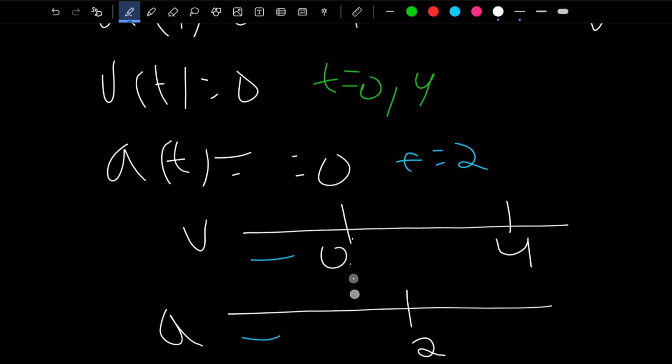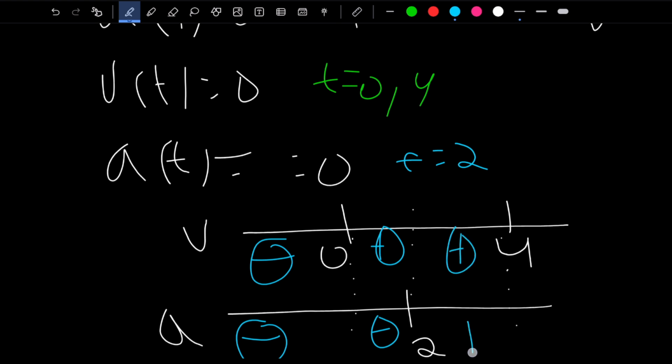Up until 0, and you can make little dots to overlap. So we find that it's negative here on both. Now let's try from 0 to 2. So 0 to 2, v of t is positive, and a of t is negative. So here it is slowing down. And then from 2 to 4, they are both greater than 0.